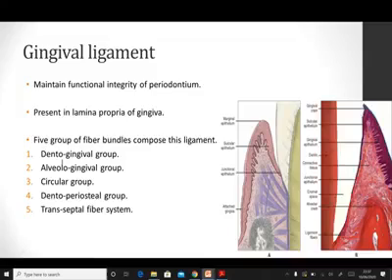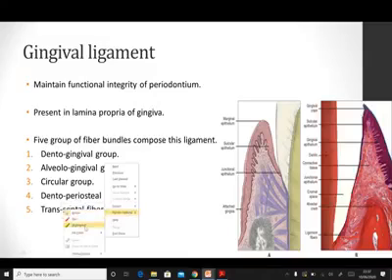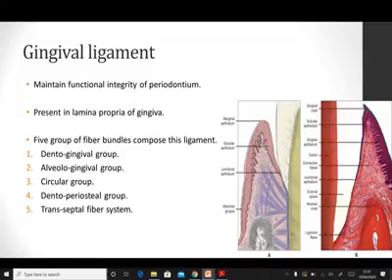Now, what is the lamina propria of the gingiva? If here you see in this figure, this is your tooth, and then you have the gingiva covering your tooth, the soft tissue covering your tooth. The soft tissue that basically covers your tooth consists of the outer epithelial lining. This is your epithelium, and under the epithelium, the supporting connective tissue of the epithelium in the gingiva is called the lamina propria.